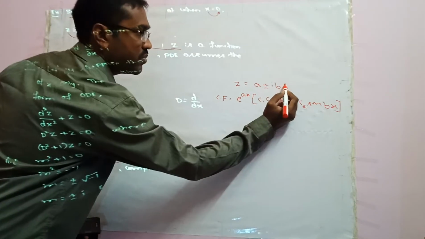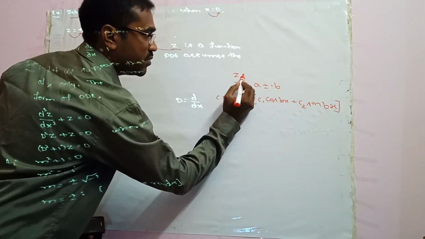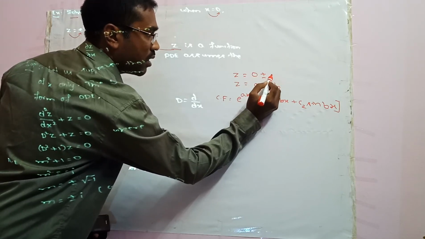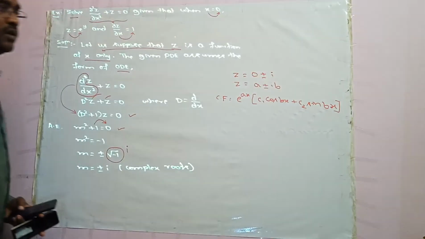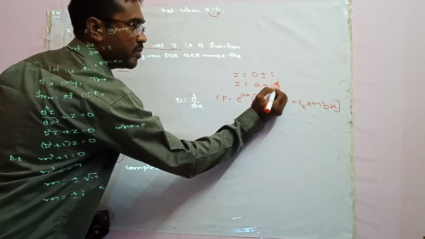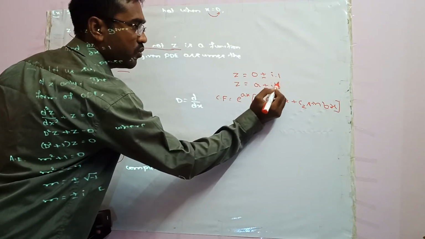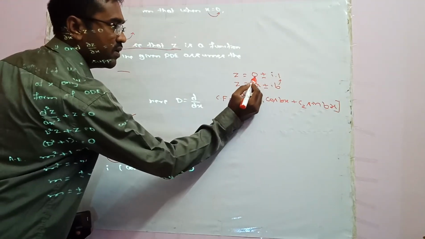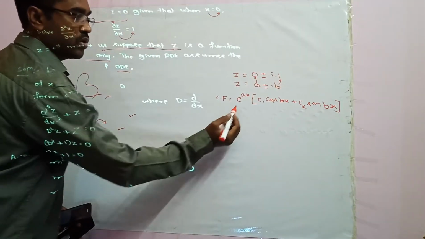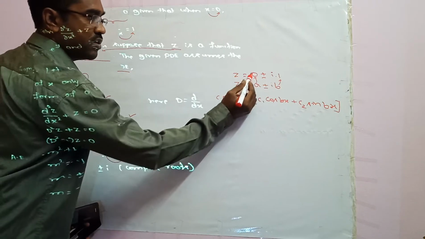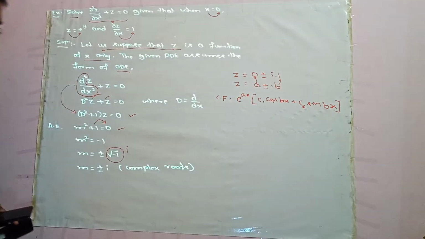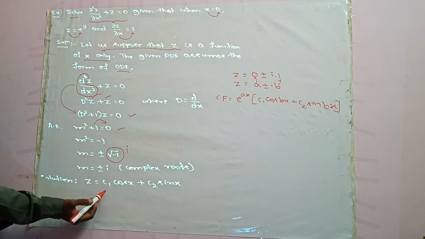That means it is 0 plus or minus i. In the place of b we have 1, and in the place of a we have 0. So if you replace a as 0 and b as 1, what you get is this.